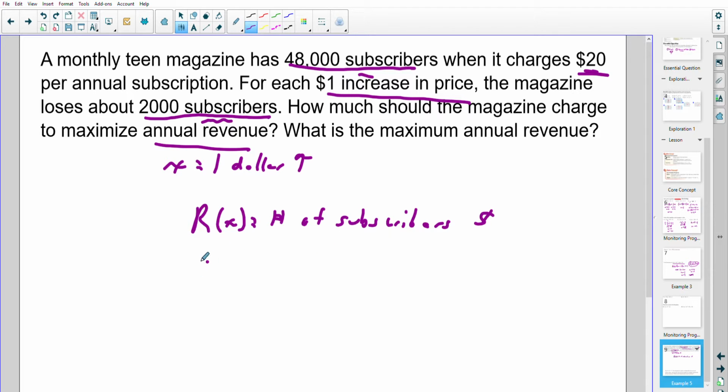So in terms of X, R of X is equal to the number of subscribers, which is going to be 48,000 minus 2,000 X, because for every $1 increase, there's going to be a 2,000 decrease in subscribers, times the amount it charges for a magazine.